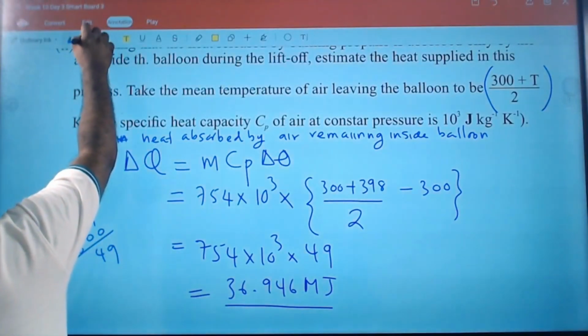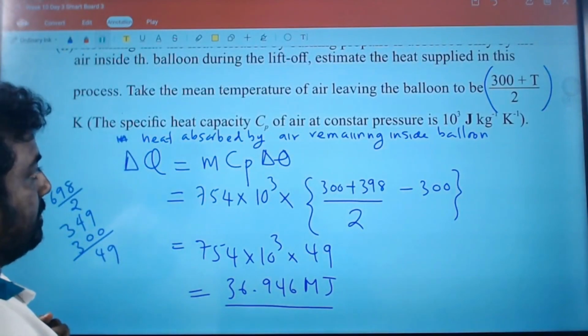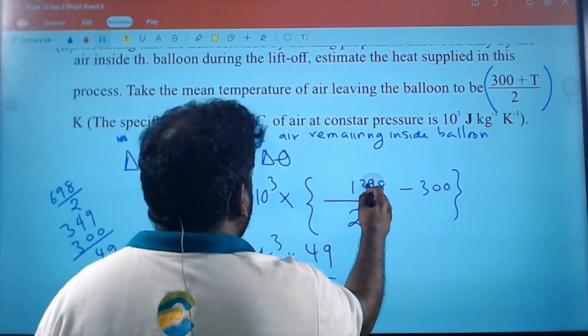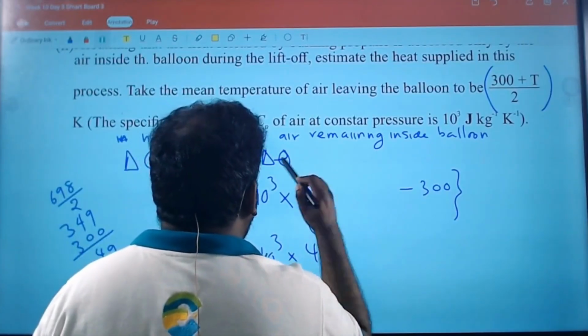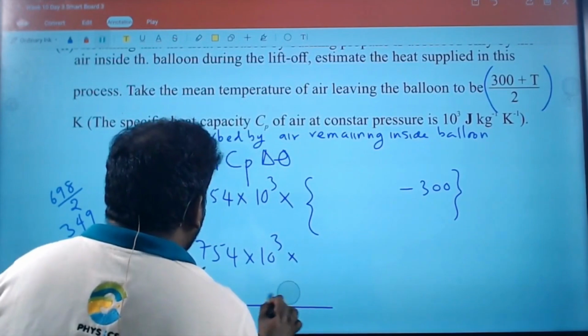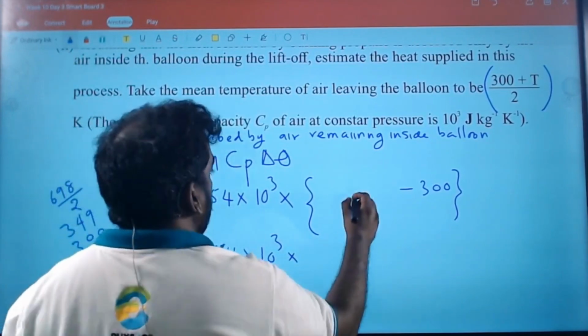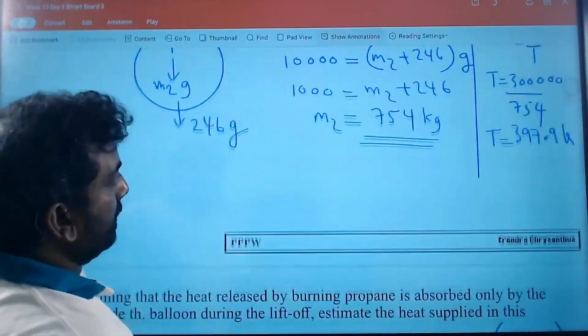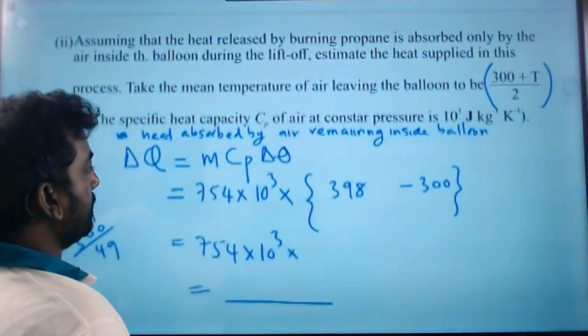there are two parts. Heat absorbed by air remaining inside. Air remaining inside, of course, no need to take average. Directly we can take, like it's remaining inside. So here 398. No need to take the decimal place. 398.